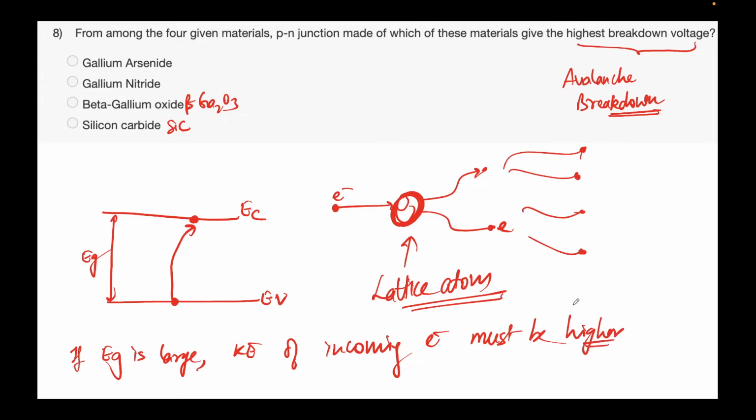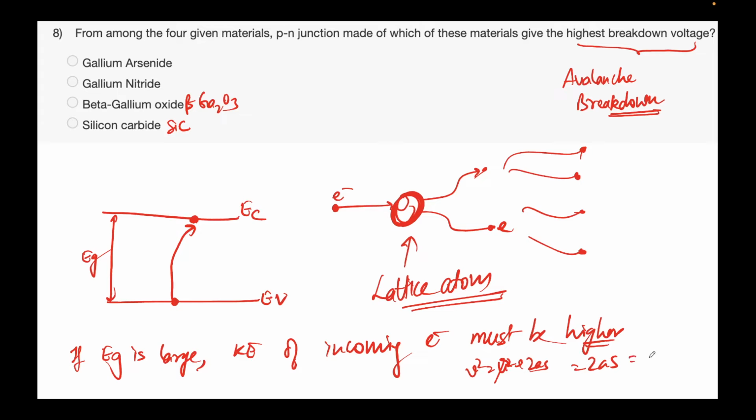And higher means, please remember, the kinetic energy is half mv square, and this velocity v, if you recall, is v square equal to u square plus 2as. The acceleration term comes there. Let's ignore the initial velocity u, so it's 2as. And this acceleration comes from the force term, and this force is the electric field that we are applying across.